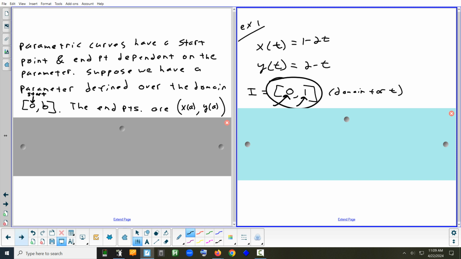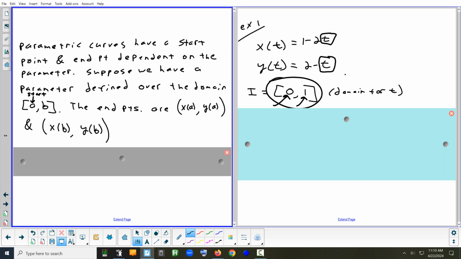And to figure out the location, take the 0 and fill it in here and fill it in here. When you fill 0 into the top, that's going to give you the x value. When you fill 0 into the bottom, that's going to give you the y value. Put the x and y value together, that's the coordinate where the graph starts.